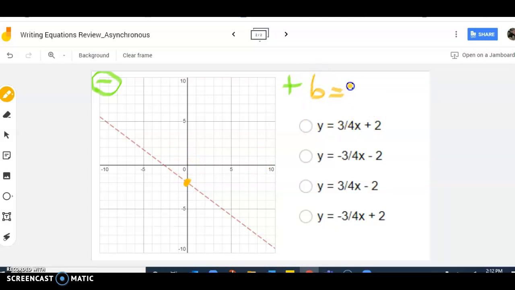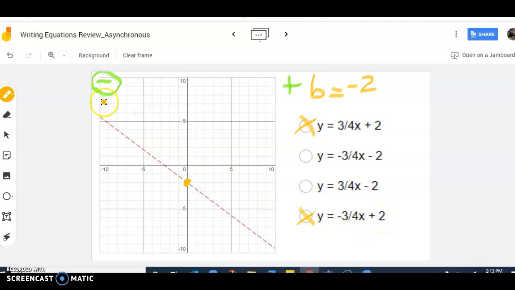Because we have multiple choice, we can use process of elimination to help us narrow our answer choices down. So if I know B is negative 2, if I take a look at my answer choices, I cannot be saying plus 2, because that B was negative. So it cannot be the first choice or the last choice because of that plus 2.